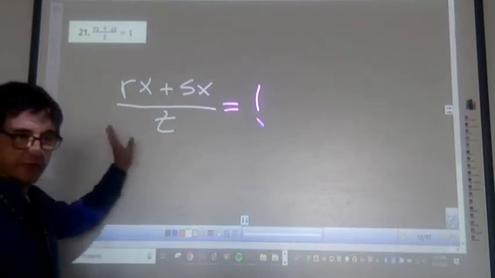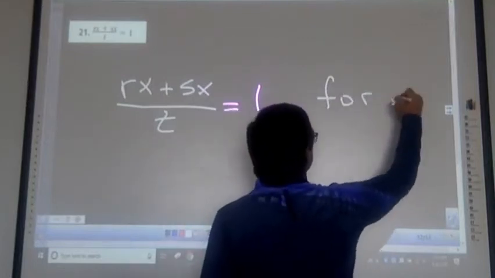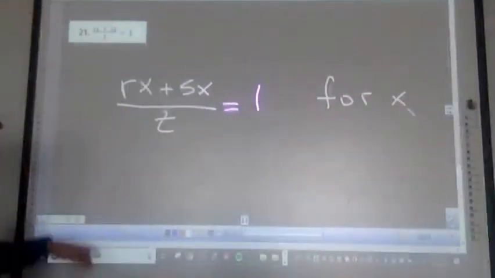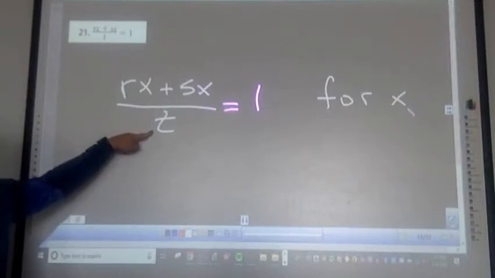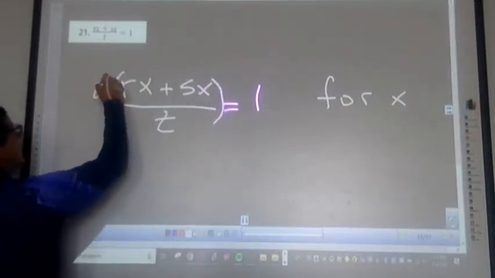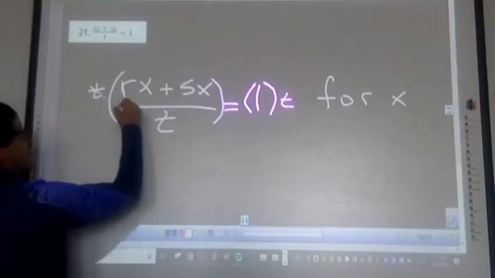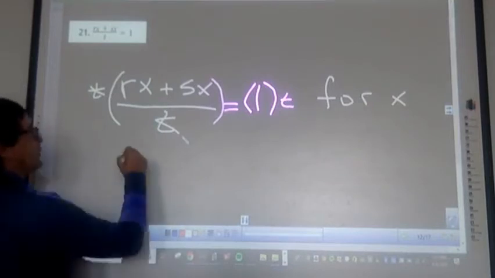And all of these ones from that middle group are problems you're solving for X. So this divide by T is in the way. First thing you got to do is multiply by T. So the T's cancel on the left side of the equal.